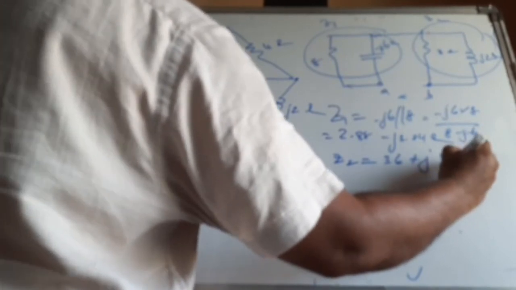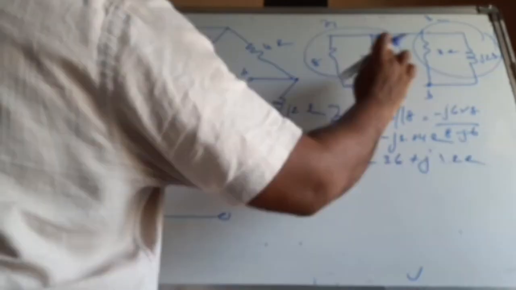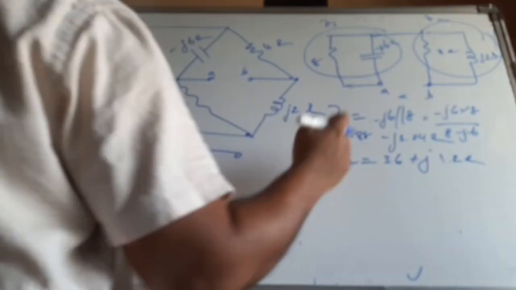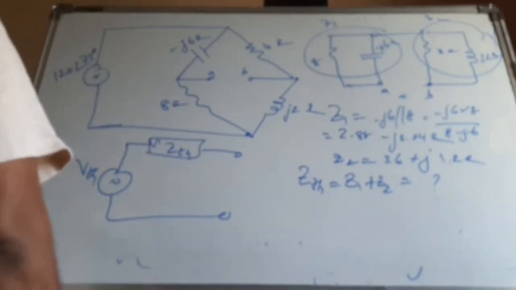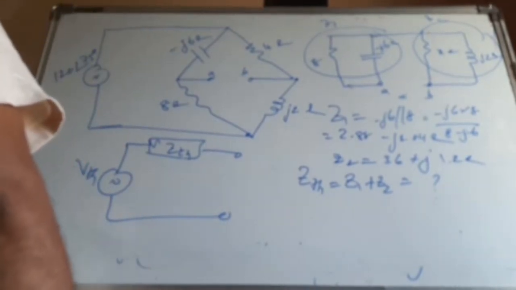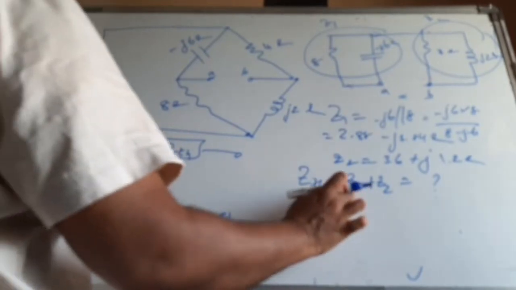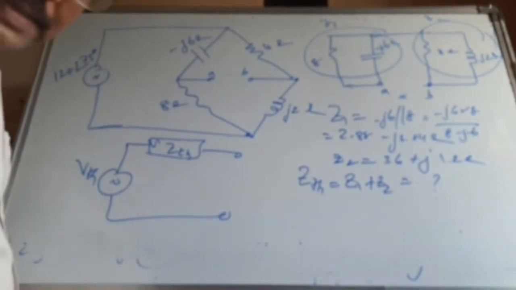Now when you find Z1 and Z2, you can see that Z1 and Z2 are in series. So Zth is the sum of the two. Coming to the next case.